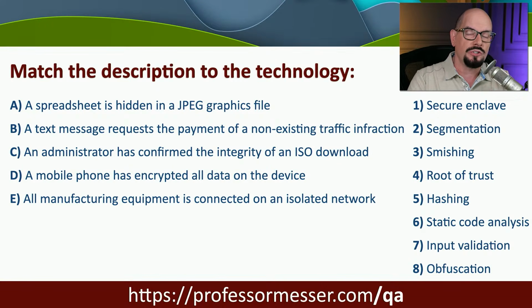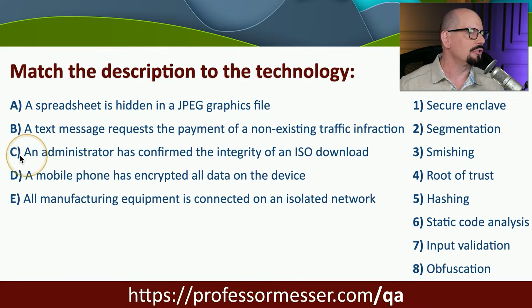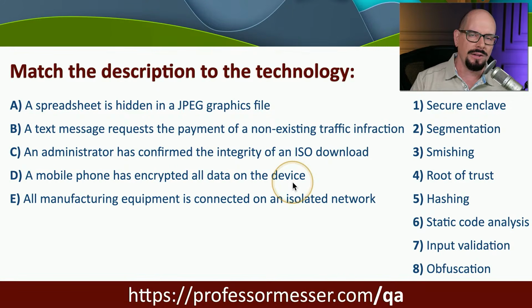So let me read you the descriptions, especially for those of you listening on the podcast side. The descriptions are: A, a spreadsheet is hidden in a JPEG graphics file. The next one is: B, a text message requests the payment of a non-existing traffic infraction. I think I've seen that before. The description C is: an administrator has confirmed the integrity of an ISO download. The next is: D, a mobile phone has encrypted all data on the device.